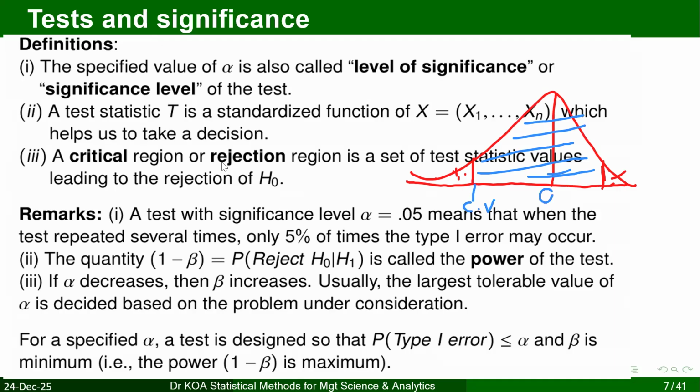The center is 0 for a z, and it is the mean, mu, for the random variable itself. As you move to the right, you are in the positive domain. In the random variable sense, as you move to the right, you are moving to the right side of the mean. When you move to the left, you are moving to the left side of the mean.